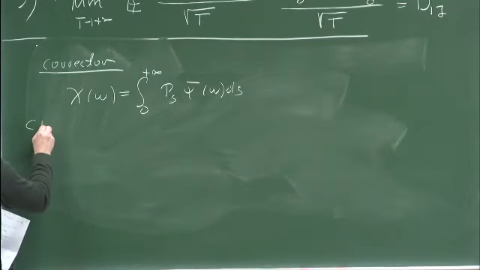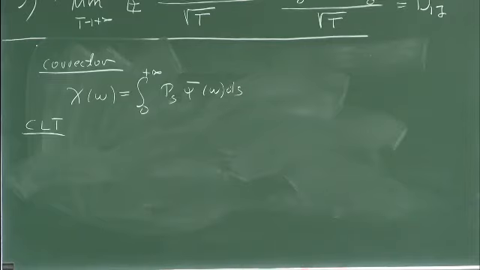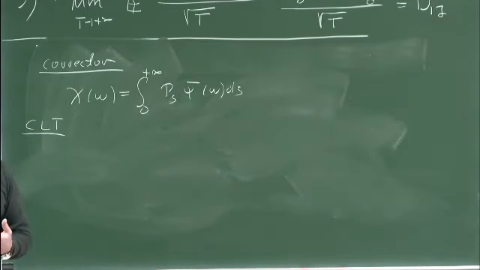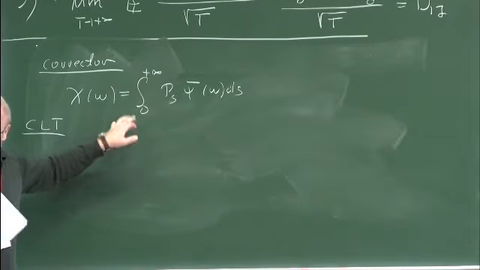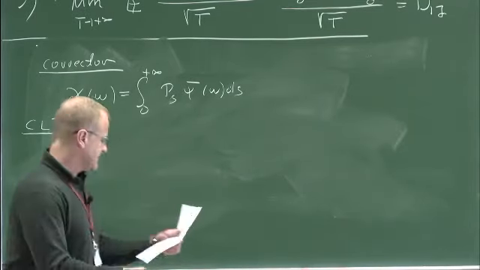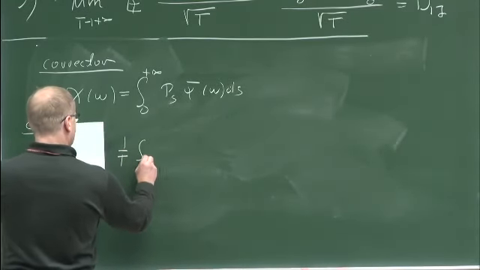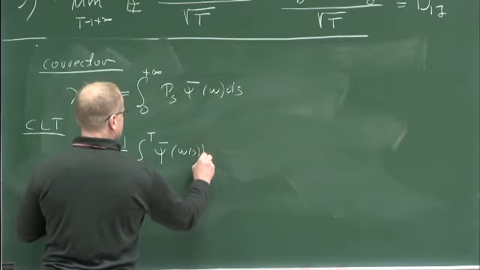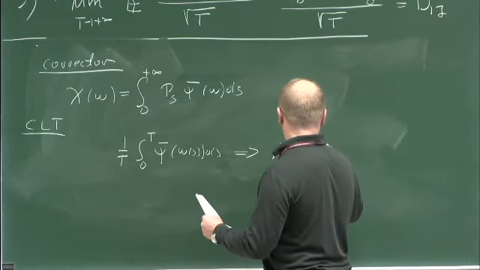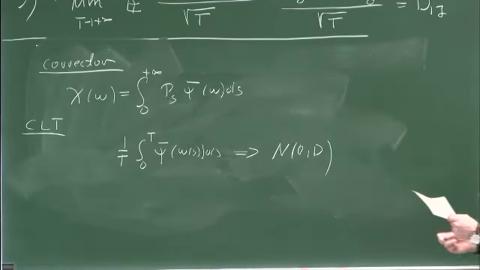So how to prove the central limit theorem? That's a short argument. The idea is to reduce the central limit theorem of an additive functional to the central limit theorem for martingales. I assume that we have the central limit theorem for martingales, and I assume that we have this. So how to get a martingale? I would like to prove that one over square root of t, integral of psi of omega s ds, converges weakly to some N(0, sigma squared). That's my goal.